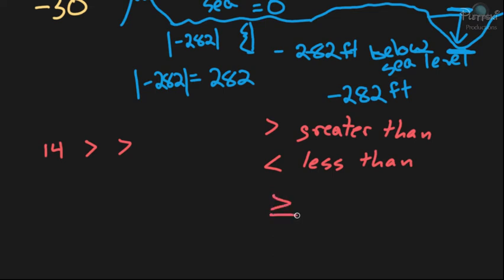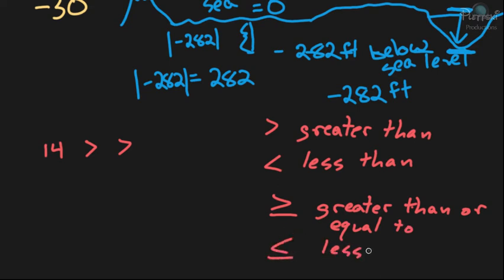We have greater than or equal to, and we also have less than or equal to. And we'll get into some real life examples of when you would use greater than or equal to and less than or equal to. But for this lesson, let's just compare some numbers. So 14 is greater than 7.